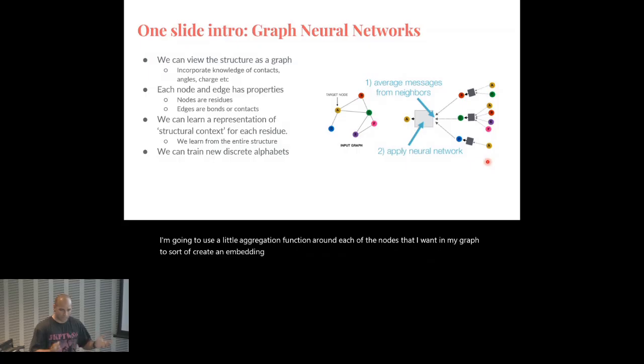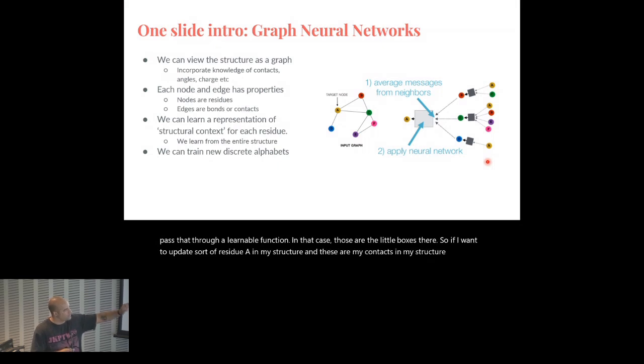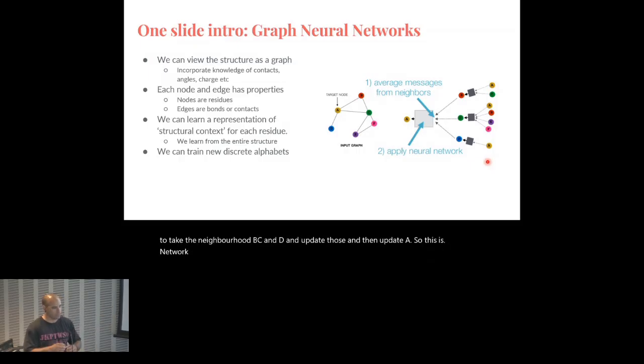So I'm going to use the information of my neighbors and pass that through a learnable function. In that case, those are the little boxes there. So if I want to update residue A in my structure, and these are my contacts in my structure, I'm going to take the neighborhood B, C, and D and update those and then update A. So this is a network with two graph convolutions. So it's going for the neighbors of the neighbors.